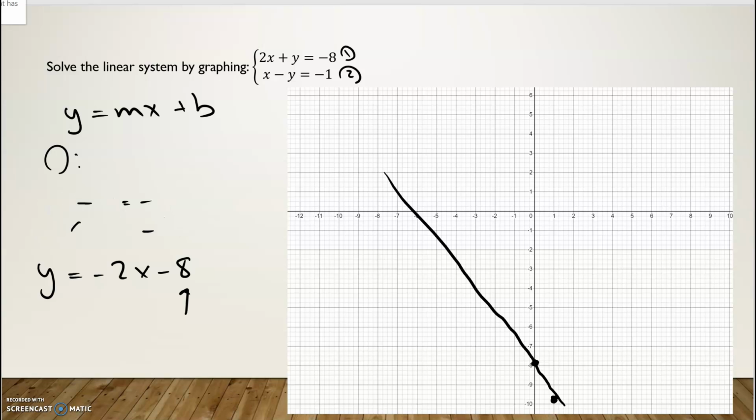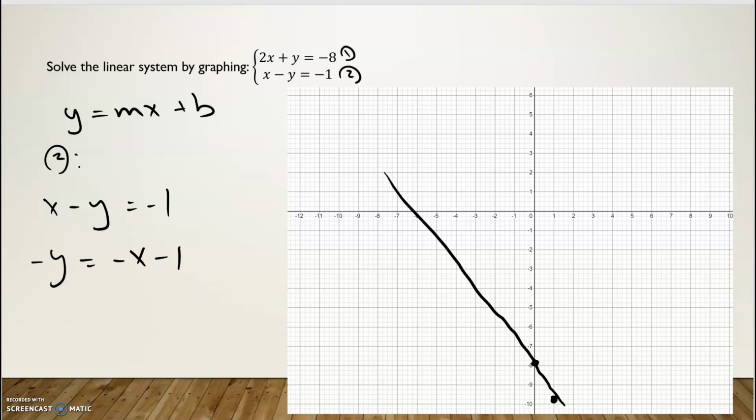So let's do the other graph here, number 2. x minus y is equal to -1. So we're going to have -y is equal to -x minus 1, and then change everything to a positive. So the intercept is (0, 1), and then I need to go up 1 over 1.